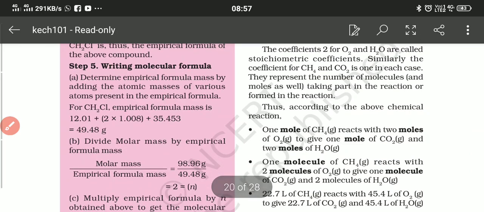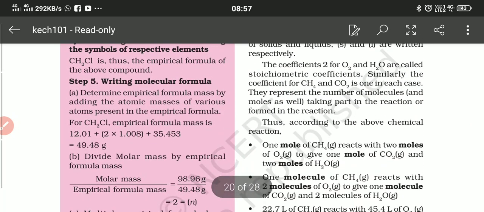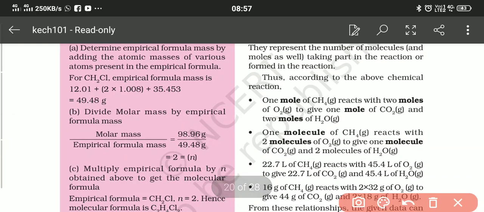Now from the above reaction we can say that 1 mole of CH4 reacts with 2 moles of oxygen to give 1 mole of carbon dioxide and 2 moles of H2O. Or we can say 1 molecule of CH4 reacts with 2 molecules of oxygen and produces 1 molecule of carbon dioxide and 2 molecules of H2O.